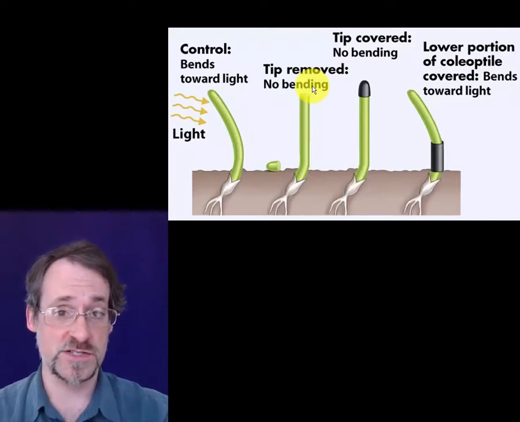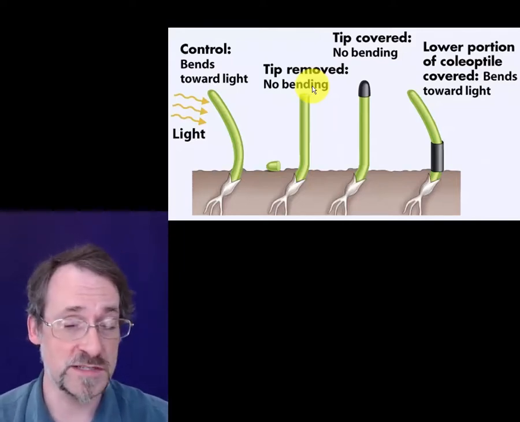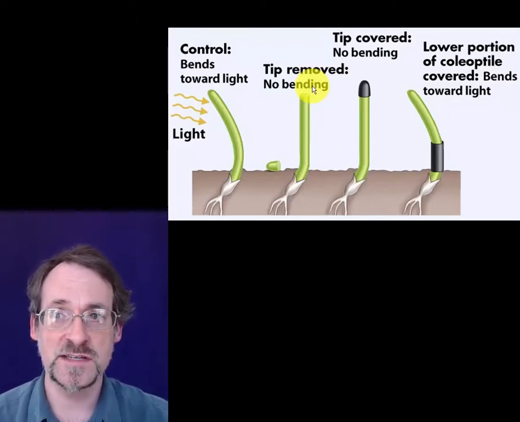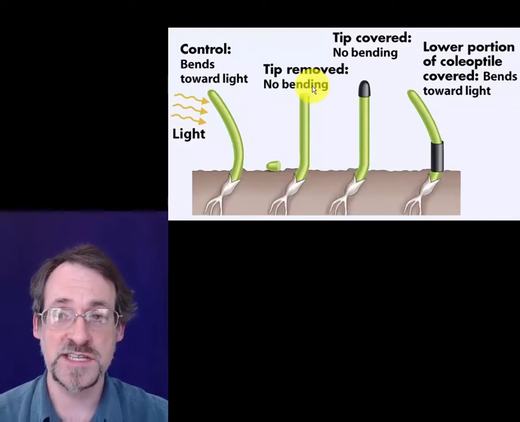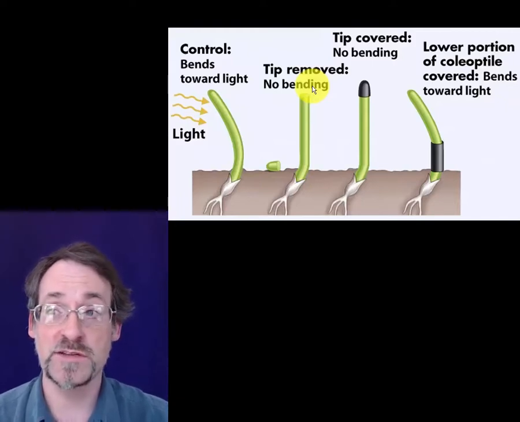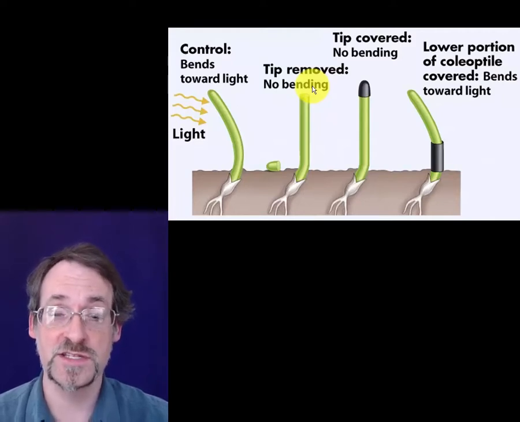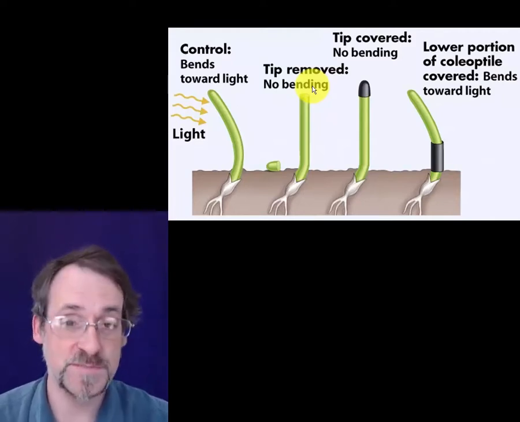That's because it turns out, we found more recently, the light sensing machinery in a plant is sensitive to blue light. Blue light are the wavelengths that carry the most energy that is used in plant photosynthesis.